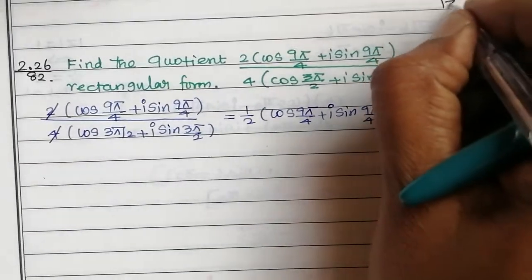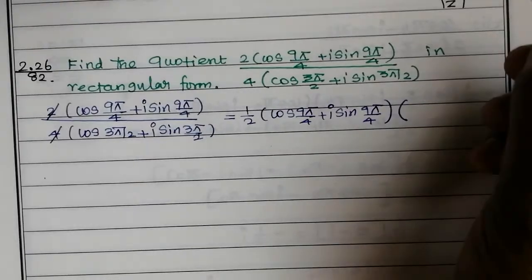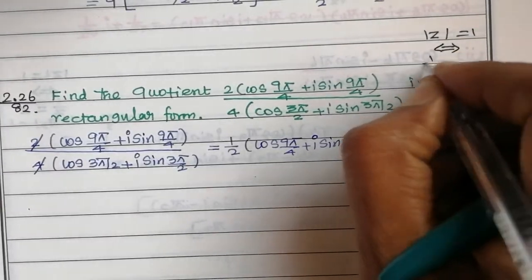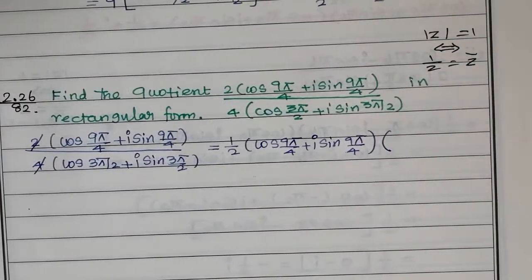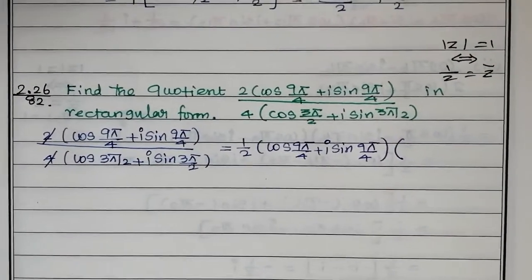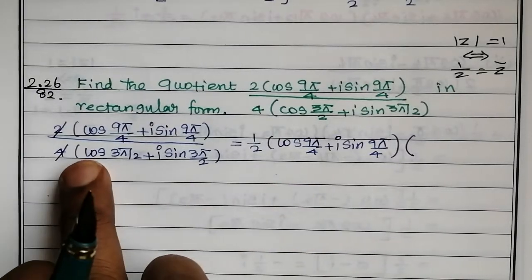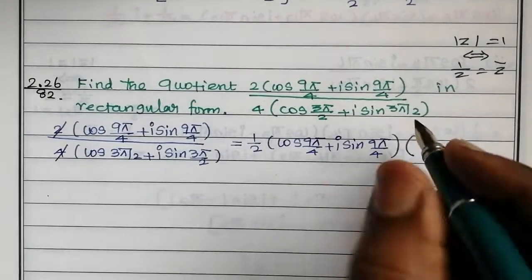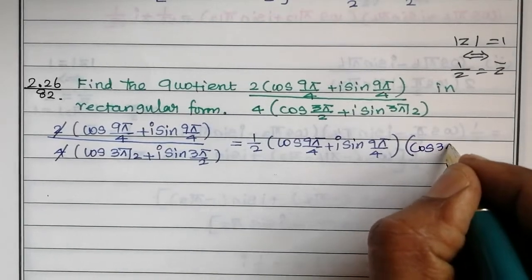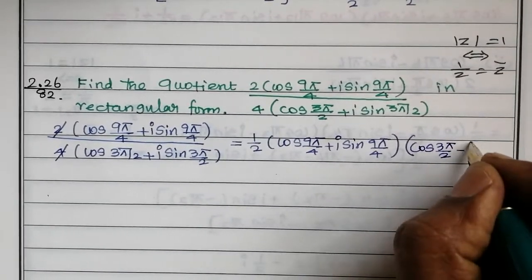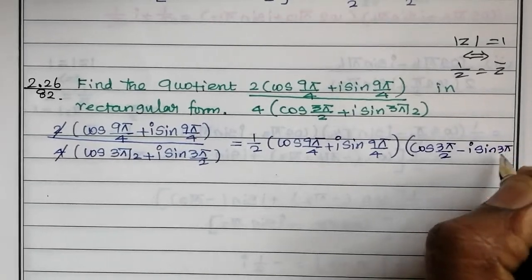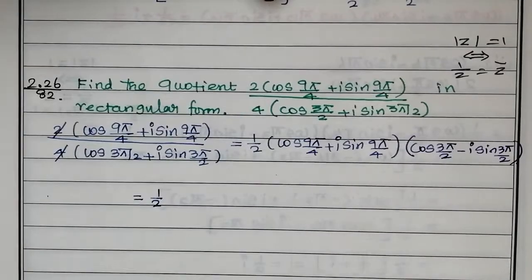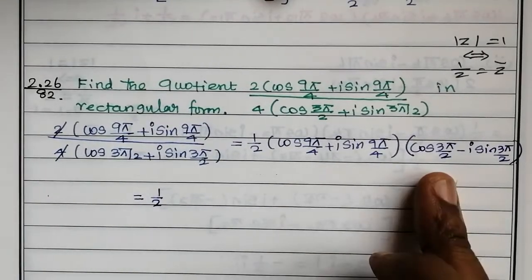that modulus of z equal to 1 if and only if 1 by z equals z bar. So 1 by (cos 3π/2 + i sin 3π/2) is nothing but cos 3π/2 minus i sin 3π/2, which is equal to 1 by 2 into, so both are in standard form.